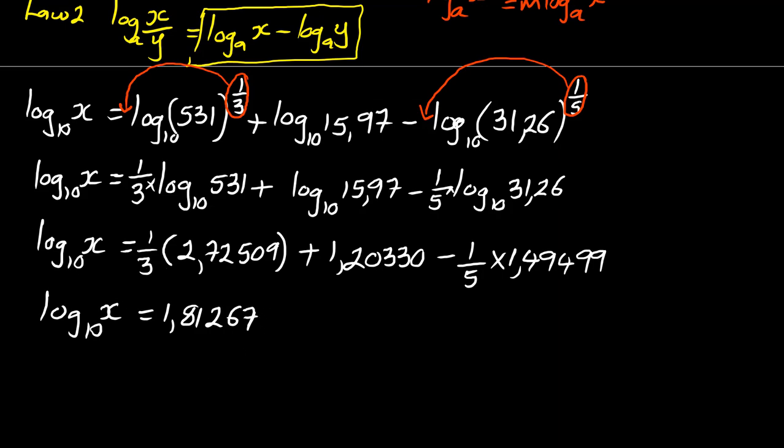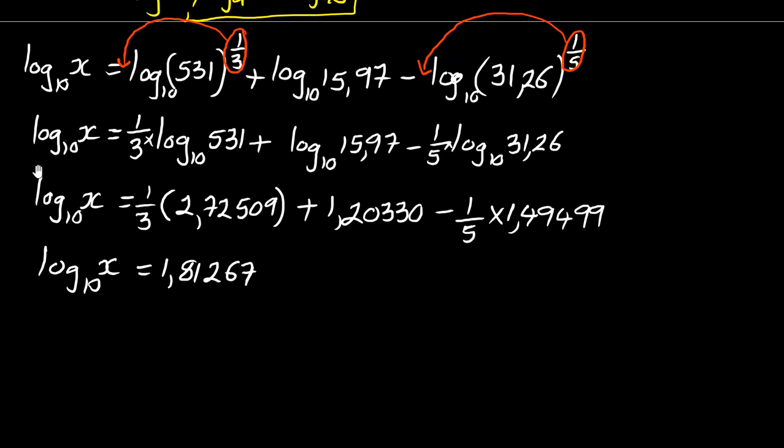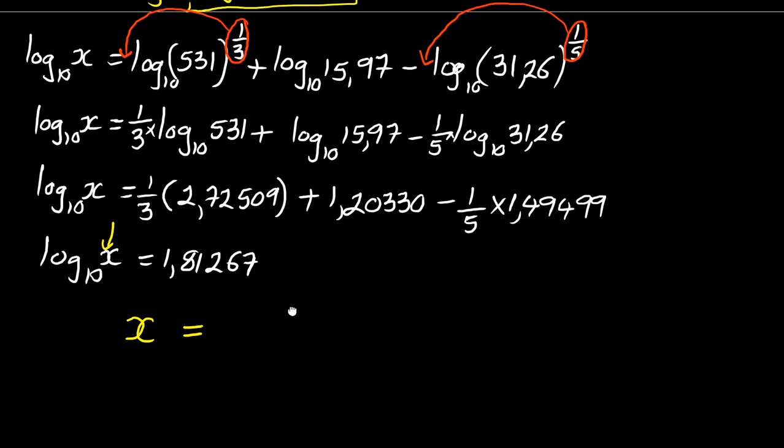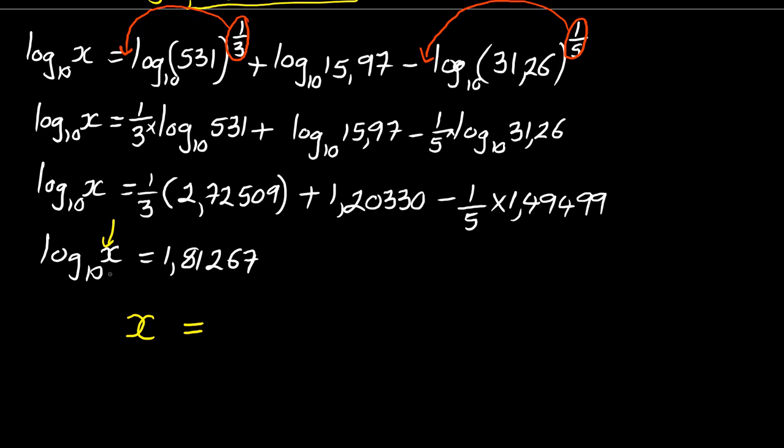So now when I've done that, the next thing is to move to the last step, whereby I am finding my final answer. If I can use now a different pen to see how it goes. When you have done this, you are going to write now your x and say x is equal to 10, and this particular number will become an exponent, 1.81267.